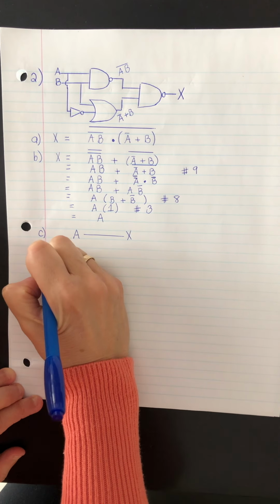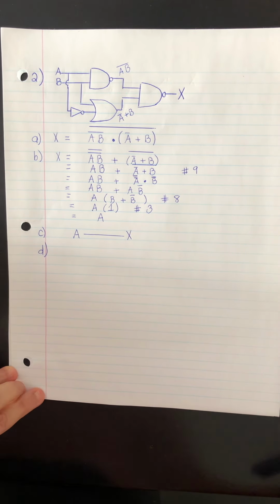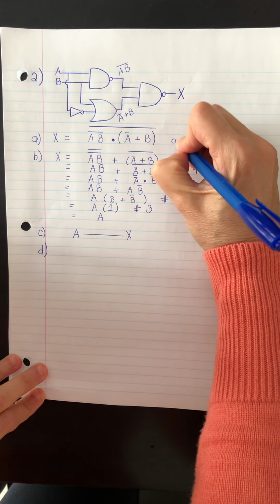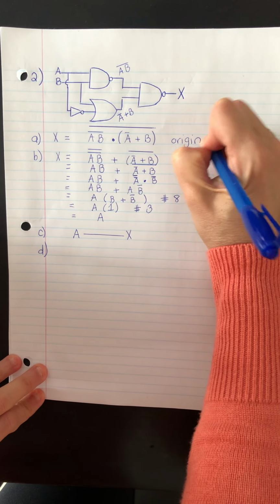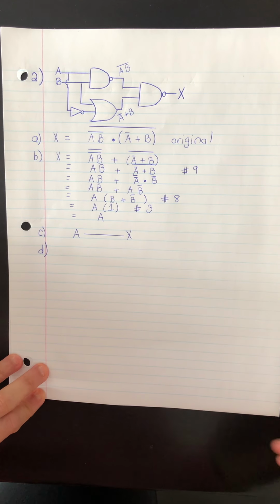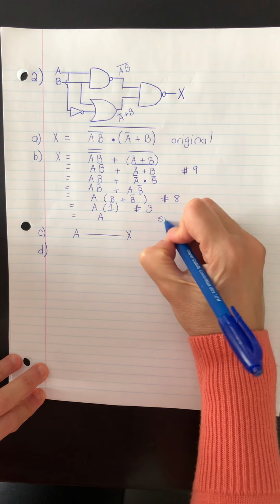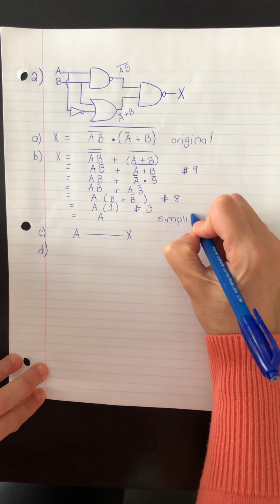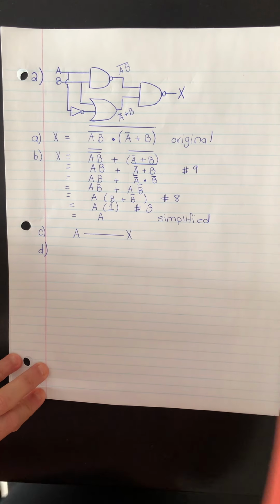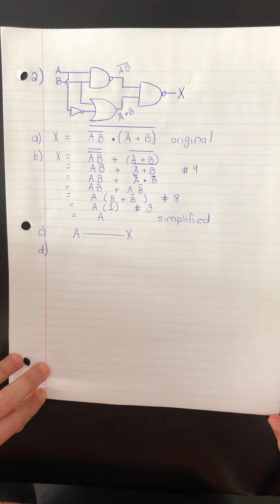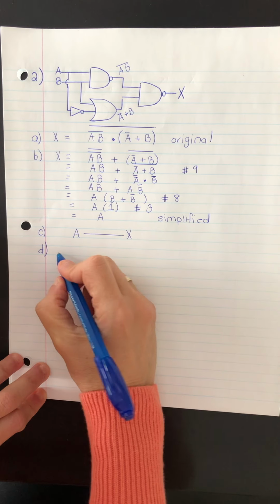Okay, part D, a truth table to prove the original. So this is the original. We want a truth table proving that it is equal to this final simplified expression. So if you want, you can write that out.